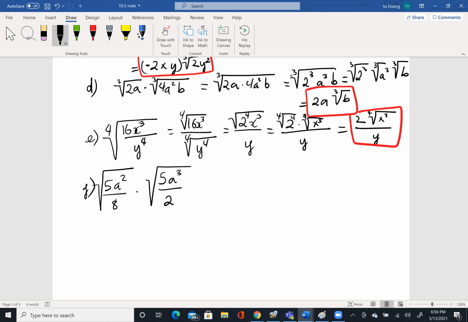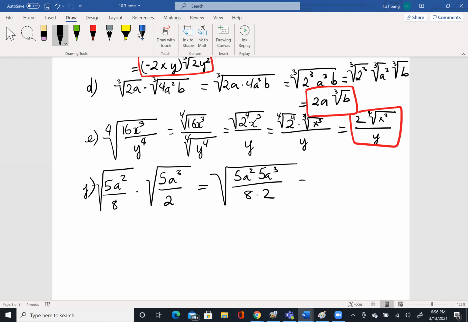I would recommend that you combine into one radical because they have the same index of 2, using the product rule. So let's see if you can cancel something. Okay, so you have the big square root of 5a squared times 5a cubed divided by 8 times 2.